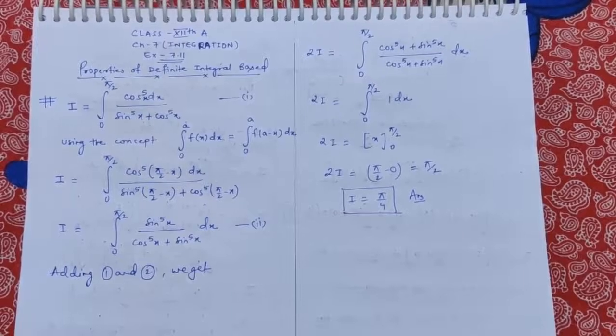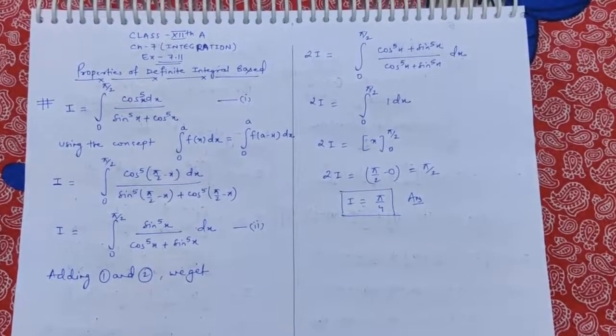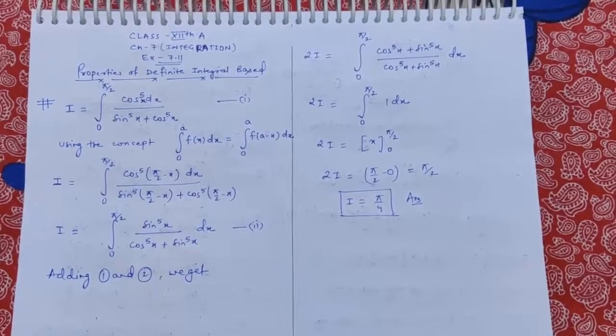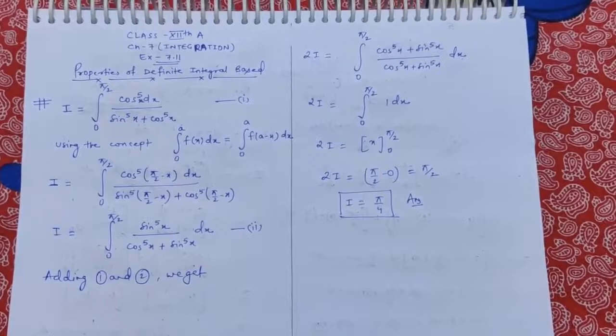So we get I is equal to 0 to pi by 2 sine raised to the power 5x upon cos raised to the power 5x plus sine raised to the power 5x.